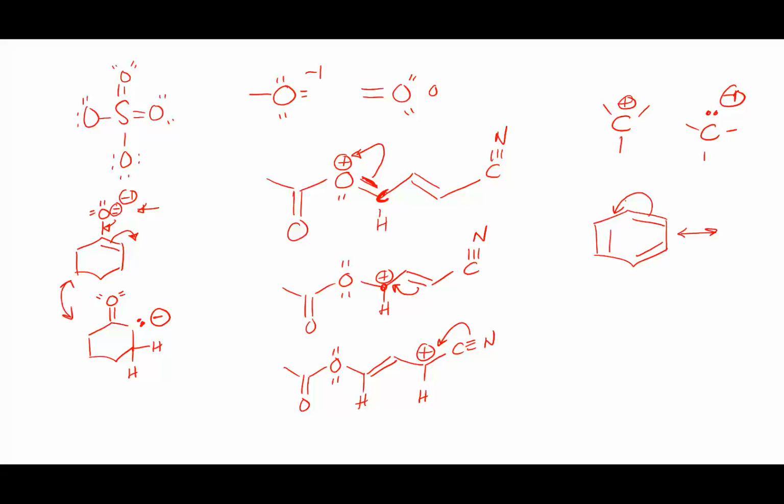But if I do that, I've got to take this pair of electrons and move it here. And then if I do that, I can't stop. I've got to take this pair of electrons and move it there. And so then the double bonds basically change their positions. And so these are what are called the Kekulé structures of benzene.